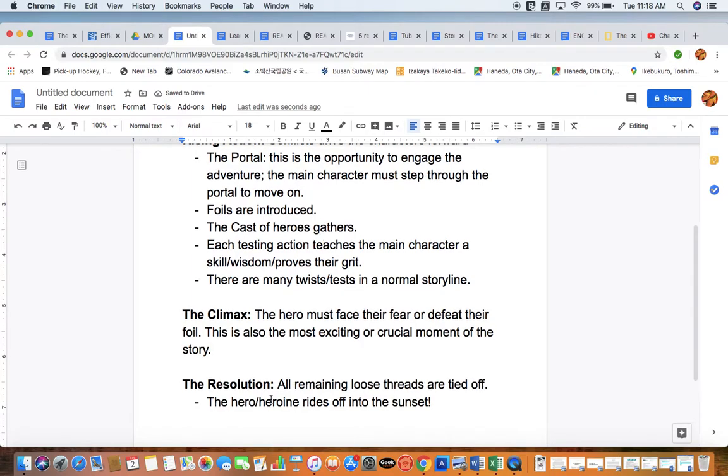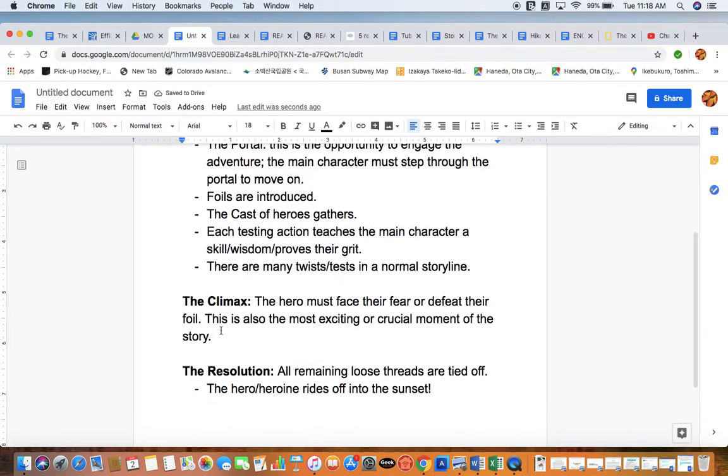And this is also where the story is solved, if you will. So that major issue that the character has undertaken will be either succeeded at or failed at, and you can find both examples in novels.